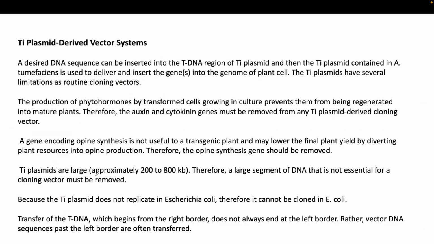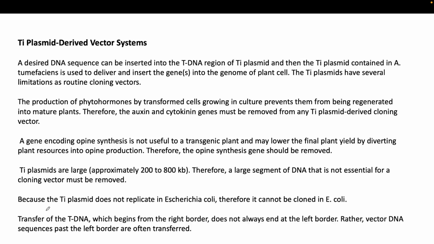Then the third thing is that the Ti plasmid is very large, as we mentioned earlier, around 200 kb. So this large plasmid is not preferable for vector purposes, right? For using it as a cloning vector, we have to remove the extra parts which are not essential for the transfer, in the T-DNA region. There are lots of non-essential parts, so we also have to remove those, because the size is very large.